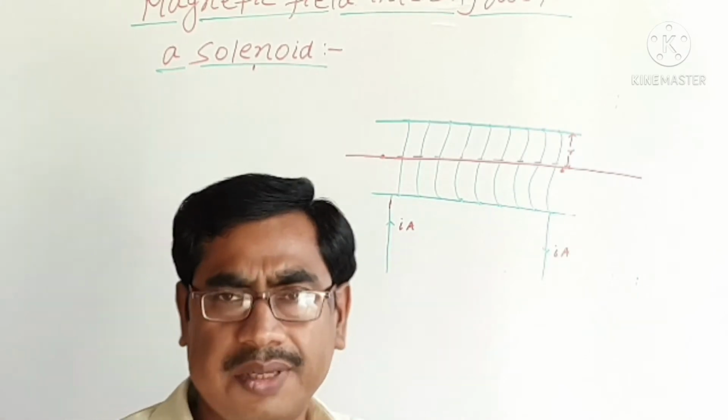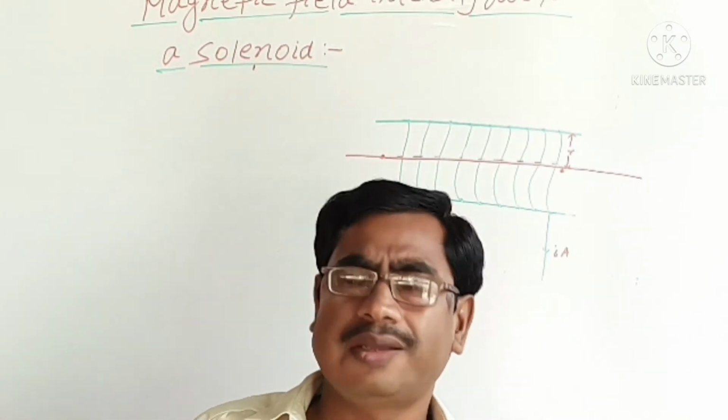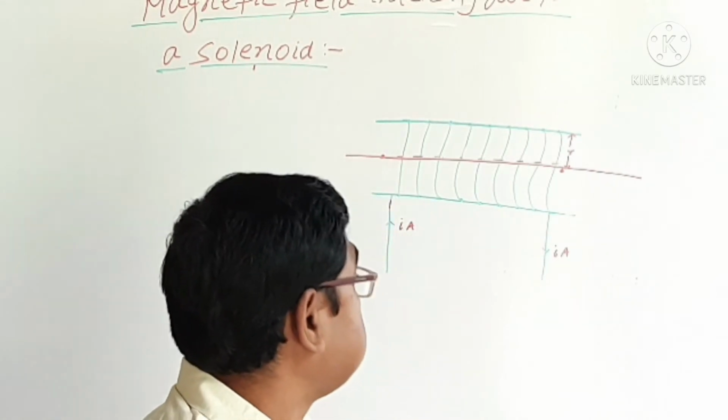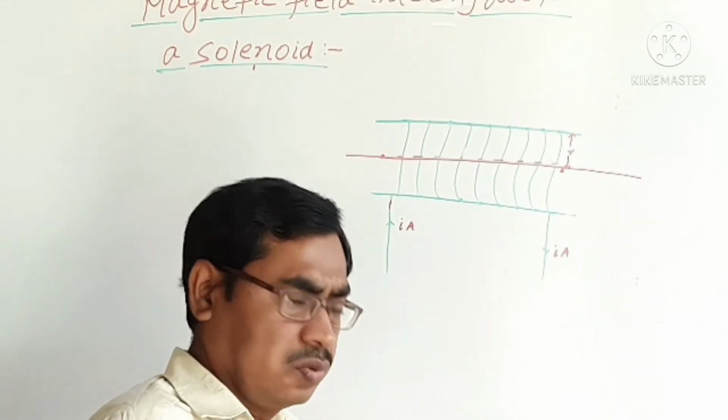This dielectric may be of any type, such as plastic, wooden parts, etc. And some parameters we note here.